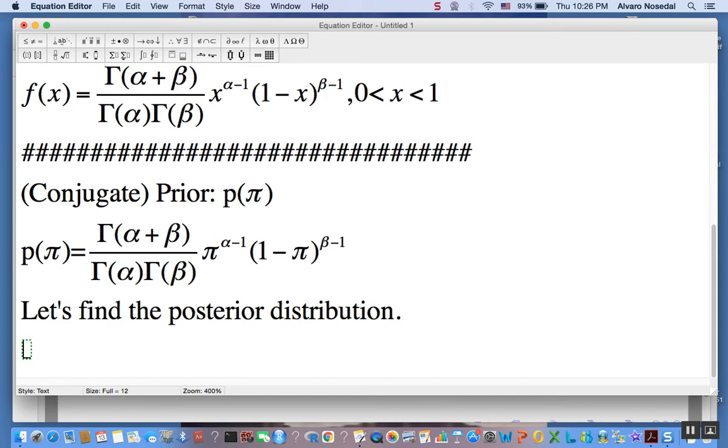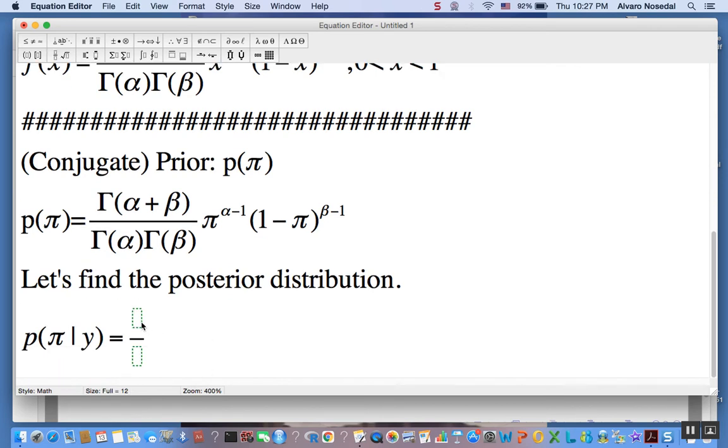Let me remind you what the posterior distribution looks like. Our notation is going to be p of pi given y, given our data, given our sample.